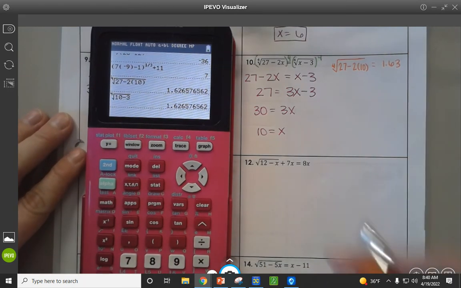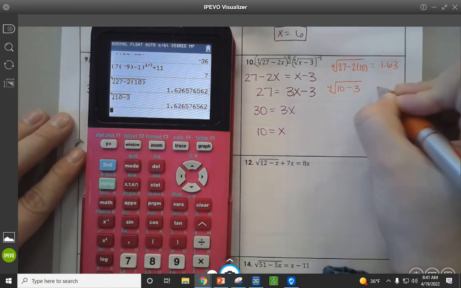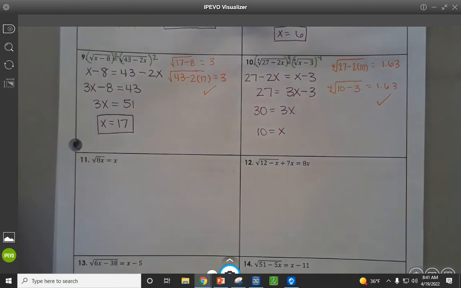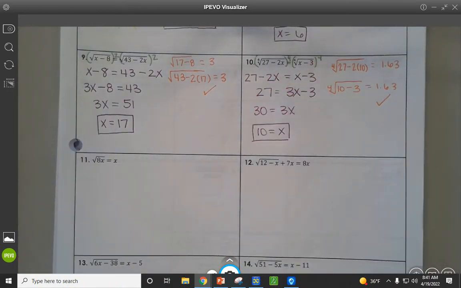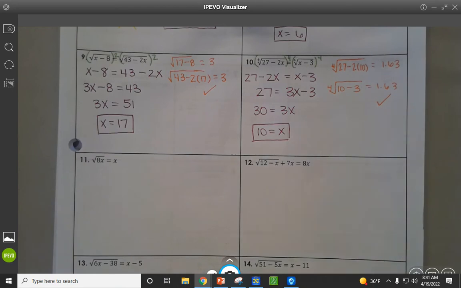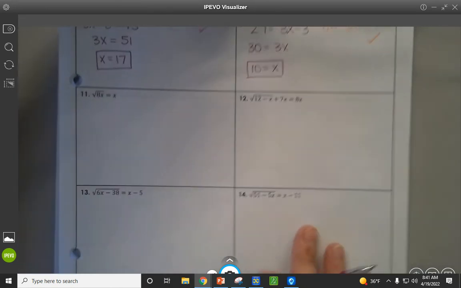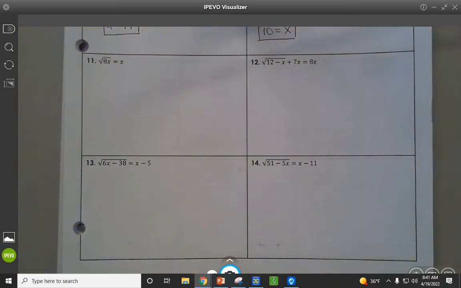All right. I have 4 more. You're not really going to like these probably. Number 11. Is there anything to add, subtract, divide at the beginning? No. So raise to a power of 2. And this gives me 8x equals x squared.